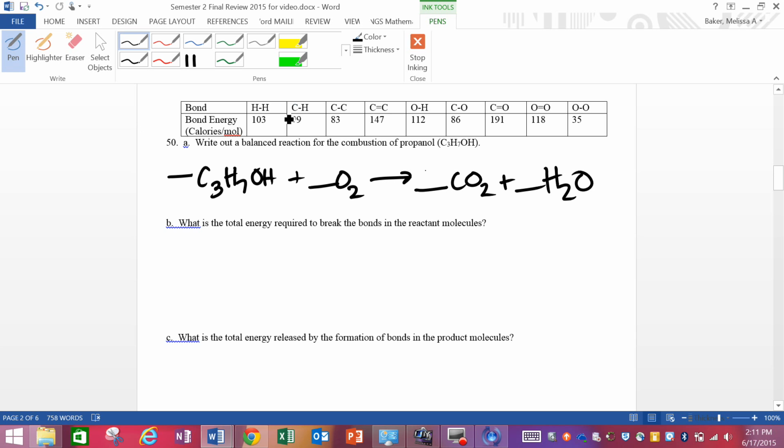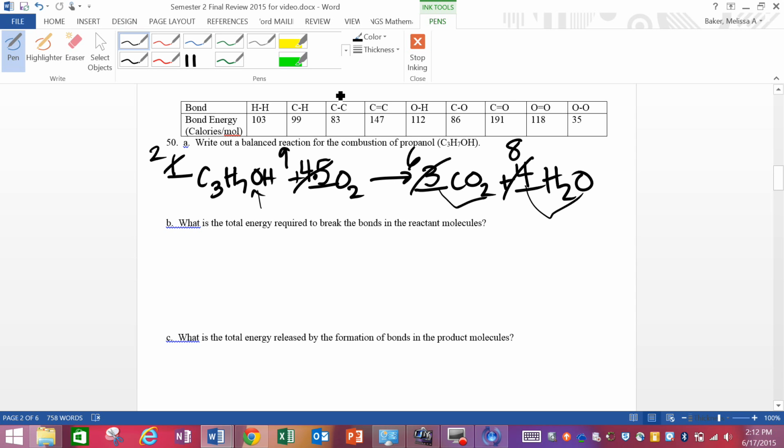So C3, 3C. There's 8 H's, so 4 times 2 is 8. There's 6 oxygens here, plus another 4, that makes 10, but there's 1 here, so we need 9 here. So we got to put a 4.5. We cannot leave it like that, so let's multiply all the coefficients by 2. So 2, 9, 6, and 8.